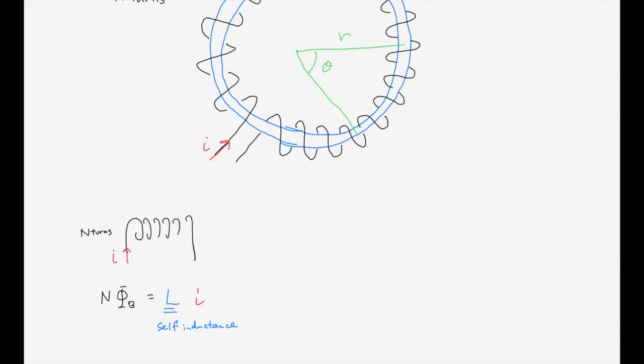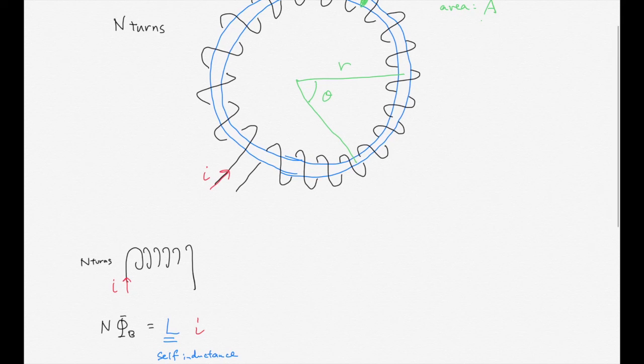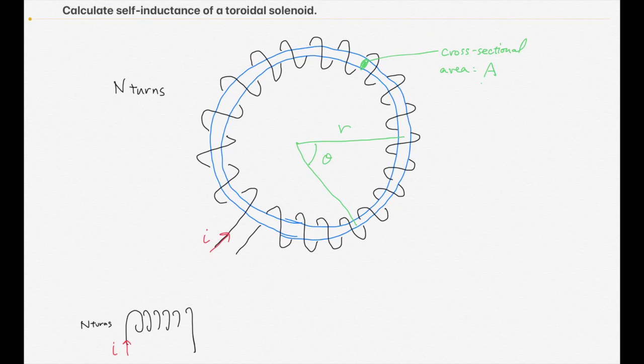So in this question, we'd like to find the self-inductance of the toroidal solenoid. But to solve this, we'd like to discover the magnetic field inside of a toroidal solenoid.